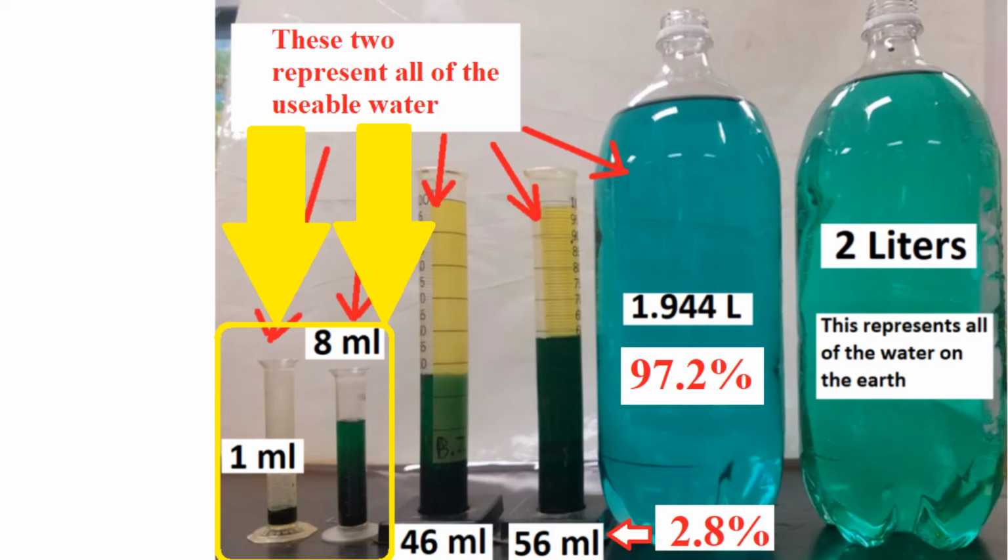So these other two graduated cylinders, the 8 milliliter and the 1 milliliter, are basically all of the usable water on the planet. Think about this: 8 milliliters plus 1 milliliter, only 9 milliliters of my 2-liter bottle is really water that I can get to, that I can use, that is helpful to me.